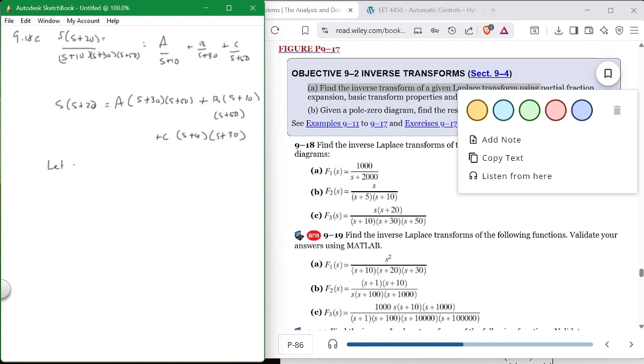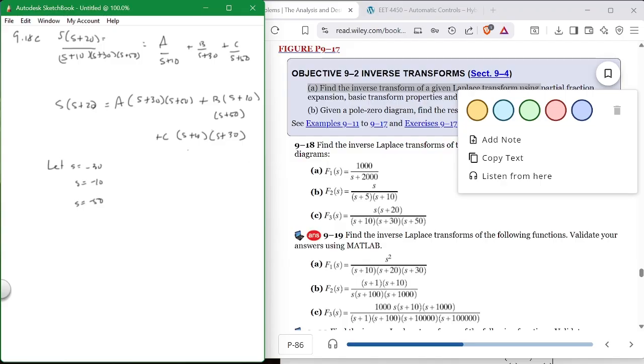Let S equal what? Negative 30. No, negative 10 for A. You plug them into this formula and away you go.